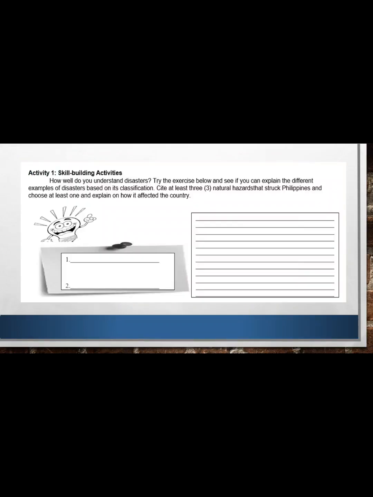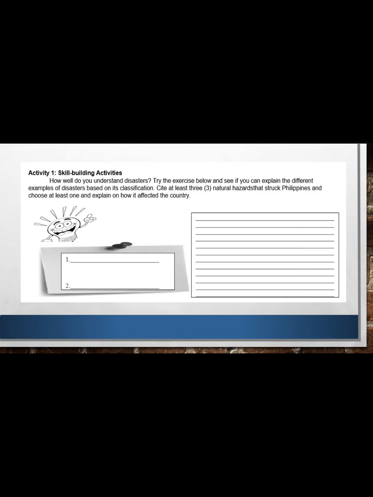So now, let us proceed to our activities. So the first activity is you have to answer this exercise. So how well do you understand disasters? Try the exercise below and see if you can explain the different examples of disasters based on each classification.